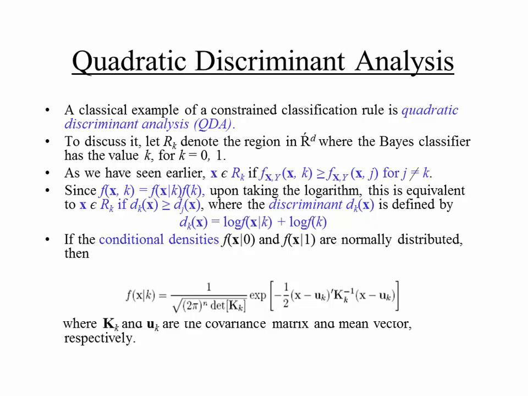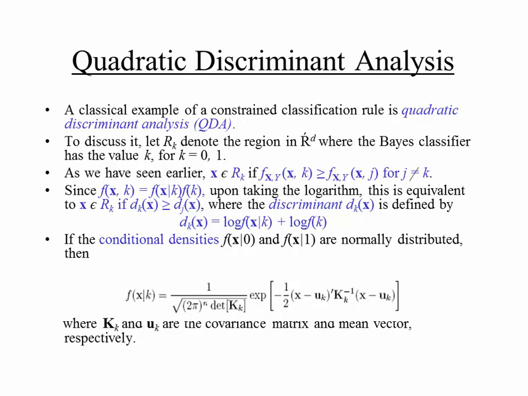The discriminant function dk of x is defined by the log of the product of these two terms: the log of f of x and k is going to be log of f of x conditioned on k plus log of the prior of k. This is called the discriminant because for each of these classes you can compute it, and depending on which one is larger, you will decide whether x is in one class or the other, right?